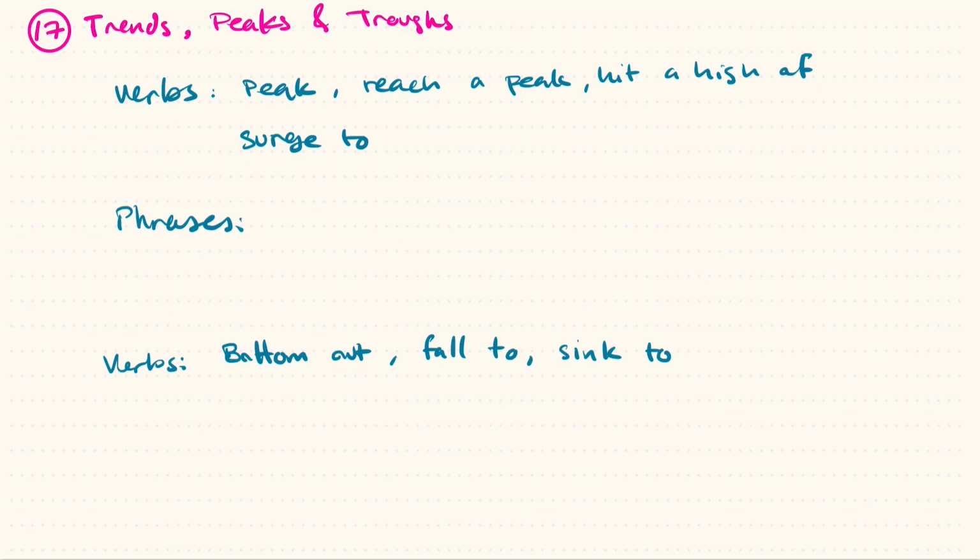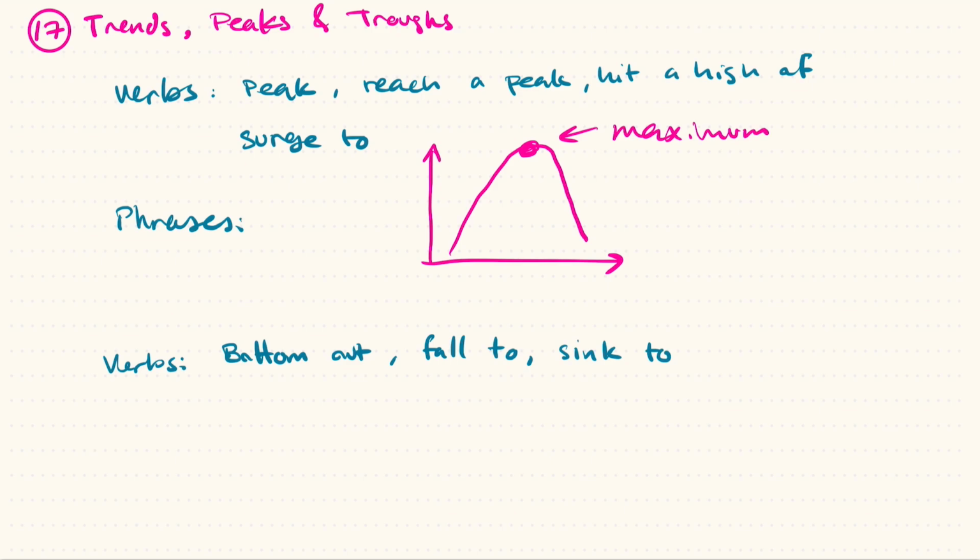And how they would look is kind of like this. So for example, you have an x and y axis, and you hit a maximum like this, or on the other side of it, you hit a minimum like this. So in this lesson, we are going to talk about how to describe this kind of trend.